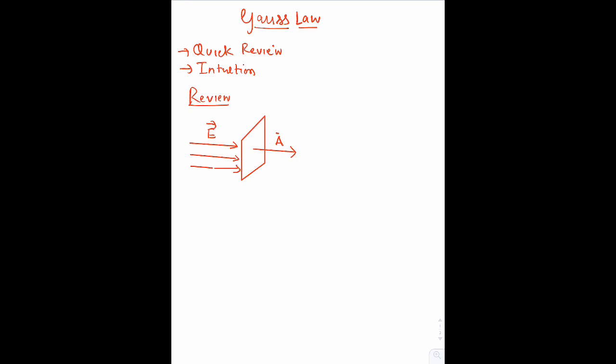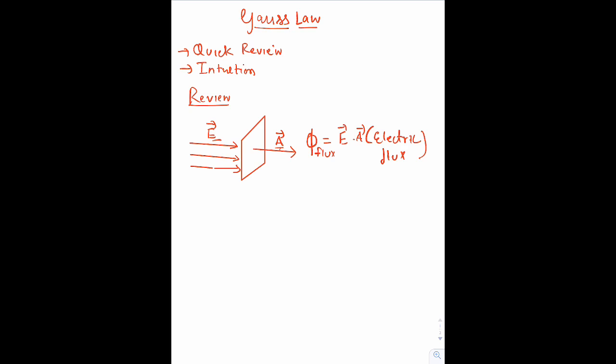The flux of this electric field is defined as E dot A. So the flux through this area of the electric field is given by E dot A. This is nothing but electric flux.